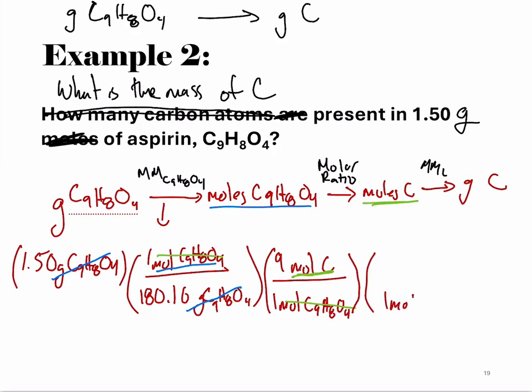We want 1 mole of carbon to cancel out, which means that we multiply by the molar mass, which is 12.01 grams of carbon. And now we see that moles of carbon cancels out, and we're left with grams of carbon, which is what our final answer should be.